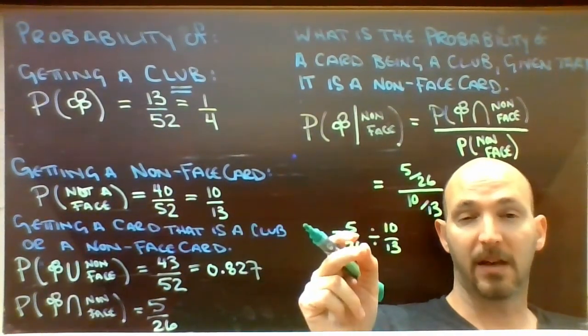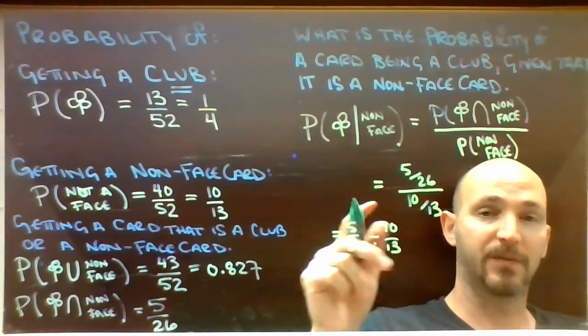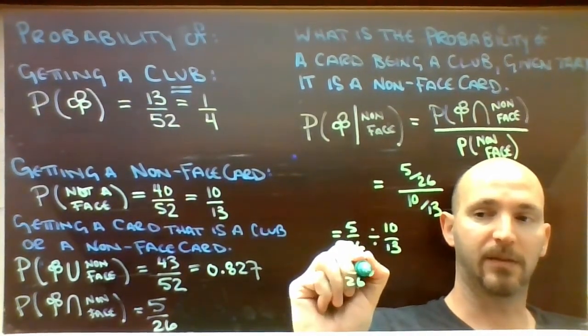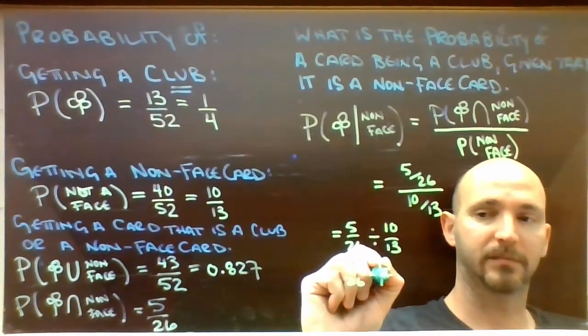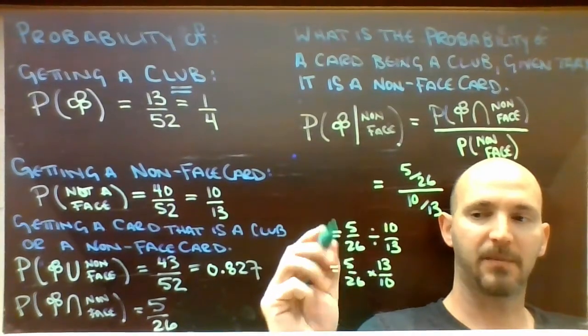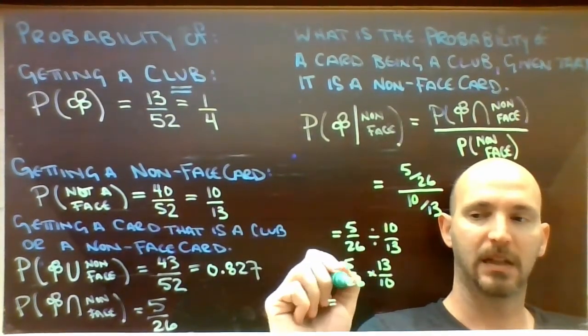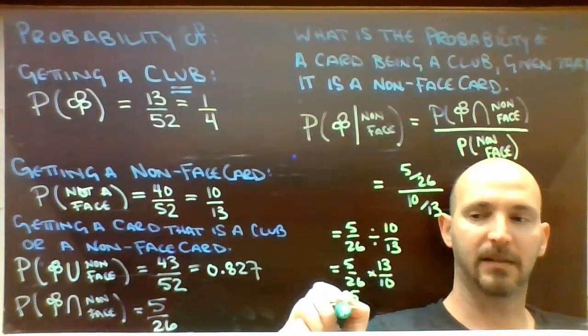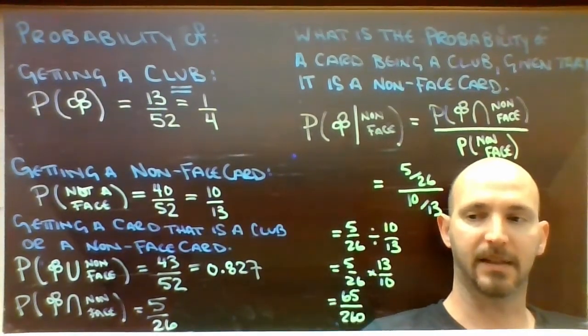There's a rule you may have remembered from grade 5 where if you divide by a fraction, you invert and multiply. Well, 5 times 13 is 65, and 26 times 10 is 260.